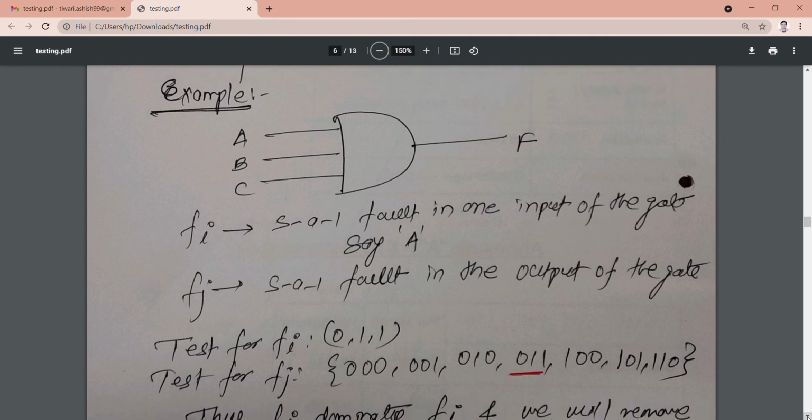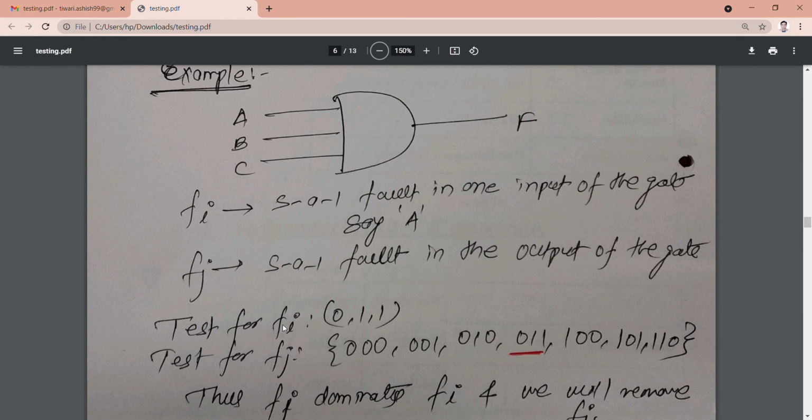In case of Fi, the fault is A stuck at 1 and I have to test that particular logic. Then what test vector am I applying? 0 1 1. The other two inputs are 1.